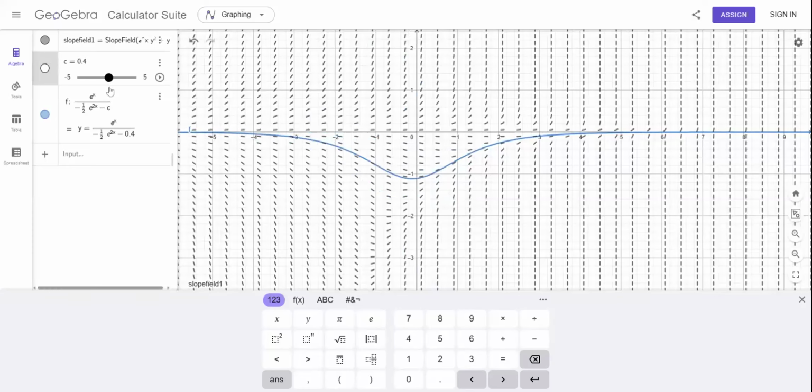Okay, anything there? Let's see. Oh, okay, so those are some of the curves there.